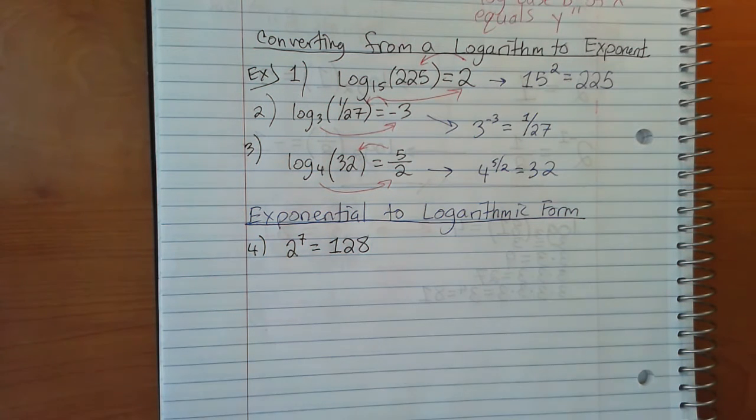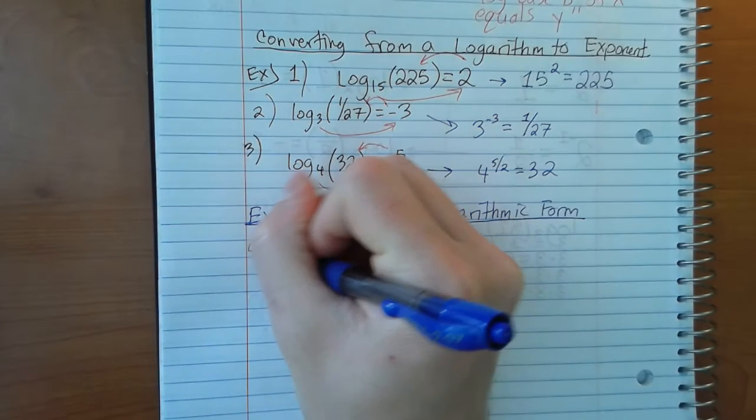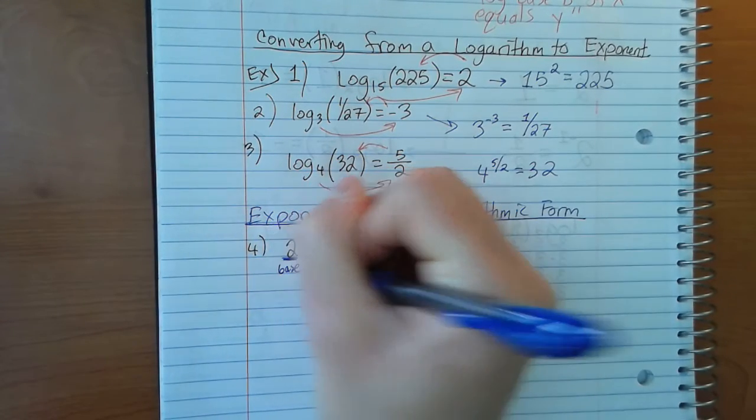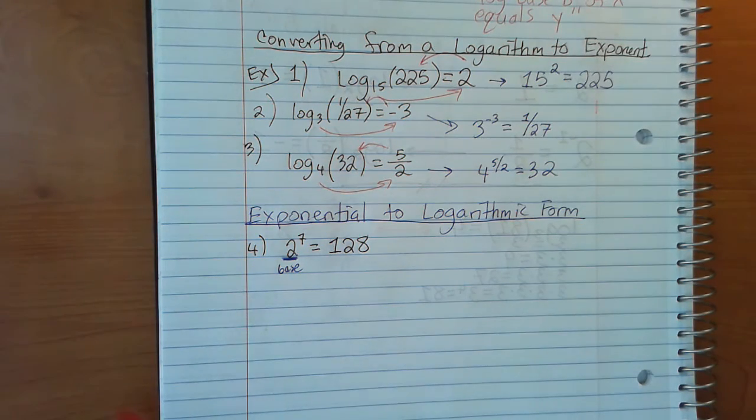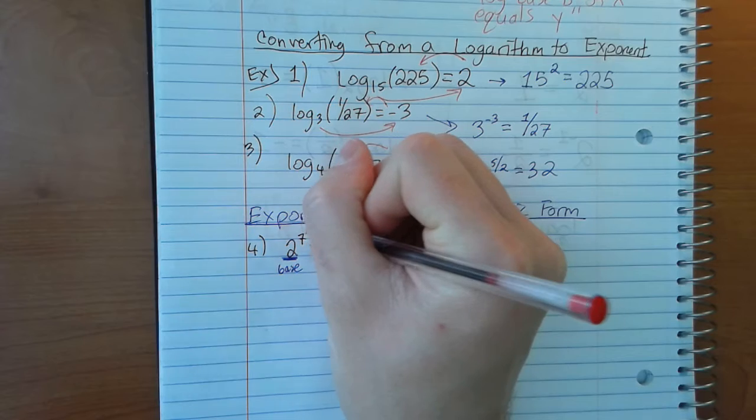Next, we're going to talk about going from exponential to logarithmic form, which is a little bit harder, but we just need to remember the key words here. So we just need to remember that the 2 right here is the base. And we need to remember that the 7 right here is the exponent.